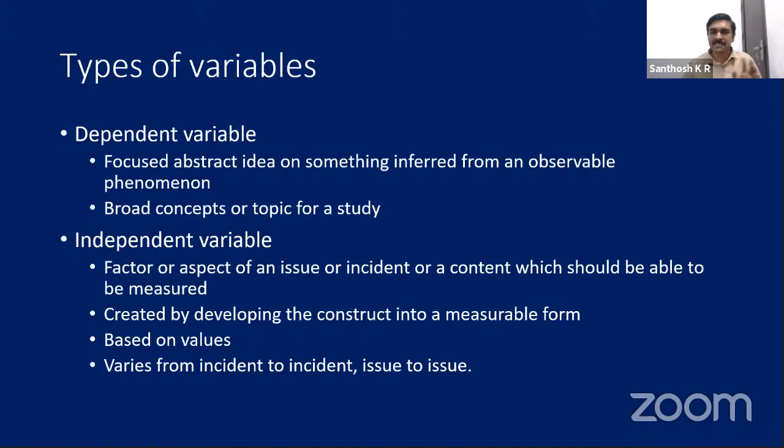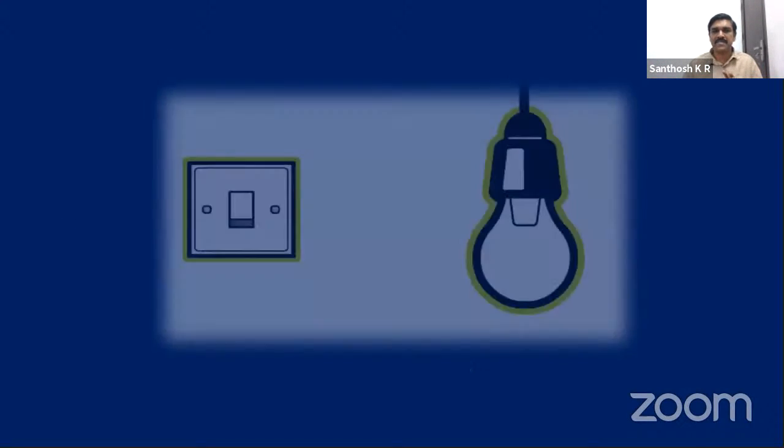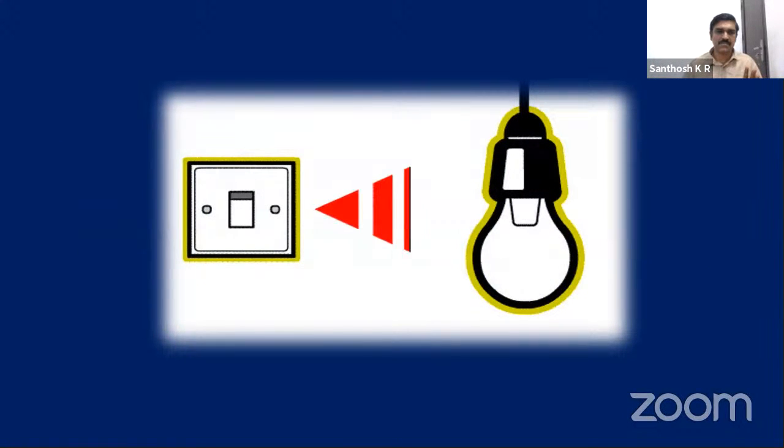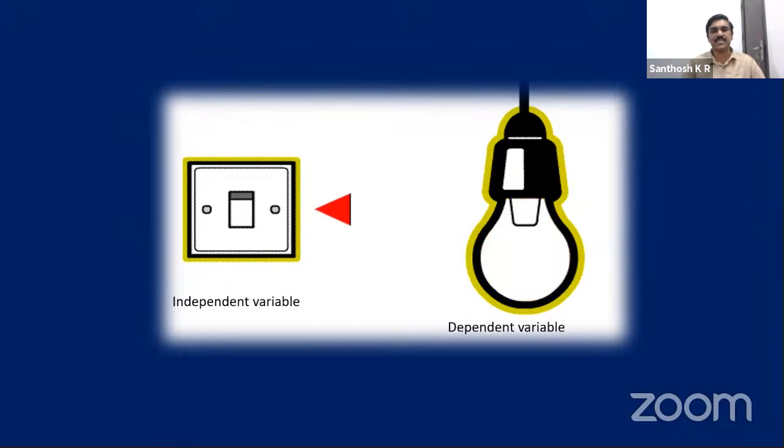Now, the relationship between independent variable and dependent variable is just like what we see here. Okay. See, we can see a switch and a bulb. When the switch is off, the bulb goes off, the light goes off. And when the switch is on, the light comes on, or the bulb gets lit. Okay, that's what we can say. We can say this bulb is a dependent variable and the switch is an independent variable because the lighting of the bulb depends upon the change in the switch.